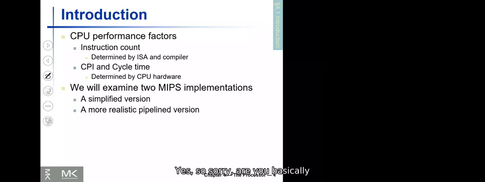Yes? So are you basically just saying that because we have 3 cycles for 3 instructions, you're going to have 1 cycle per instruction? Yes. What I told you was not 3 cycles. Actually, the pipe might have 5 steps, 6 steps, I don't know. I am not talking about the pipe right now. But there is a pipe. Each instruction comes to the pipe in every clock cycle.